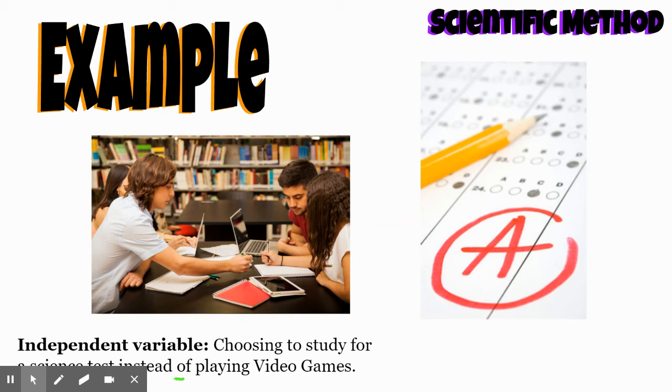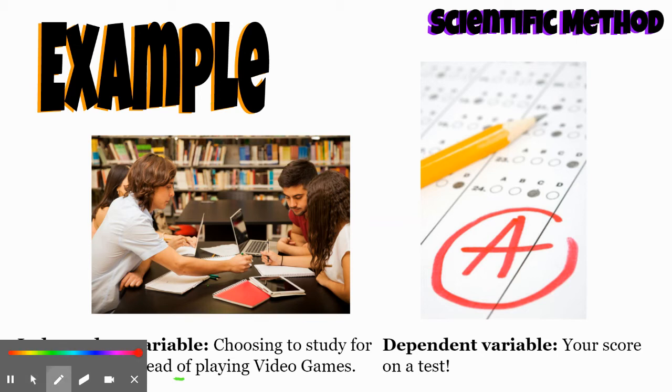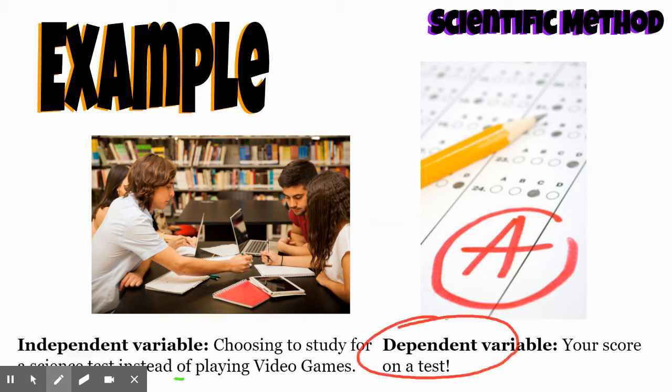It's probably going to be the score. So the dependent variable, the thing that you're going to measure later on, is that score on the test. The independent variable, whether you studied or not, probably is going to impact that dependent variable, right? Because we all know that studying usually leads to better test scores. So the more you study, the better you usually do.